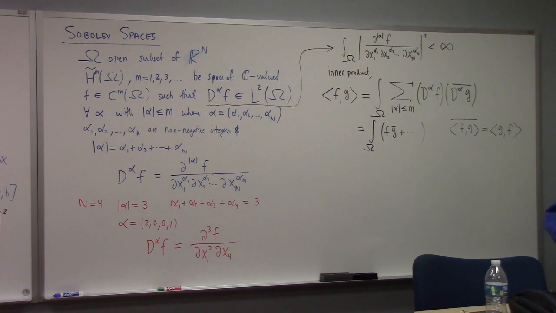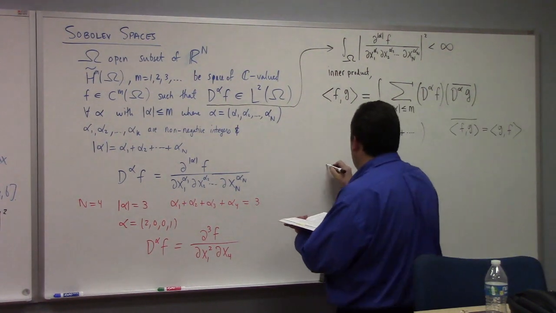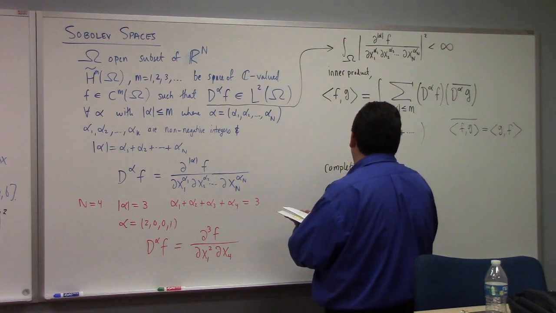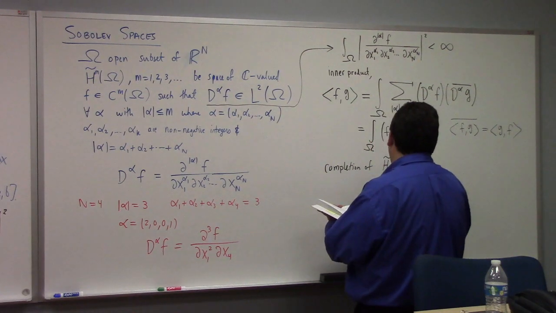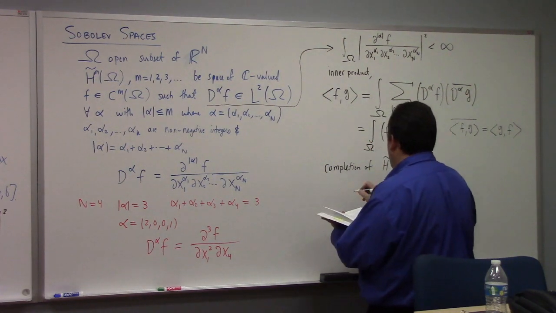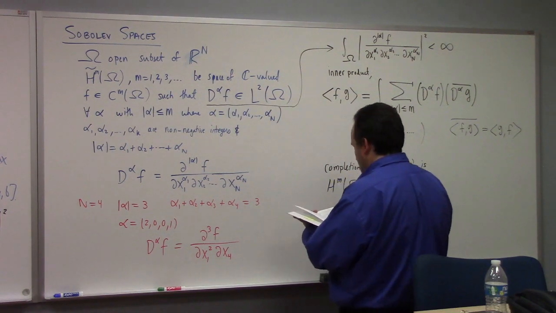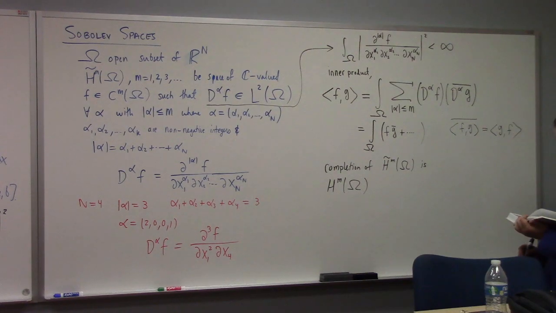The completion of H tilde m omega is H m omega, and that is a complete inner product space, which means it's a Hilbert space.